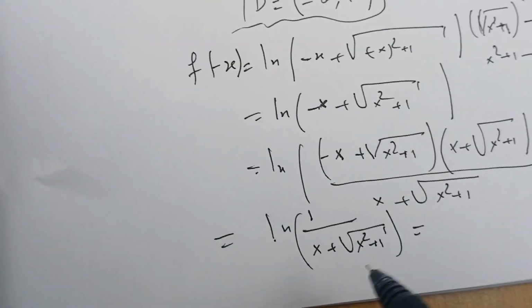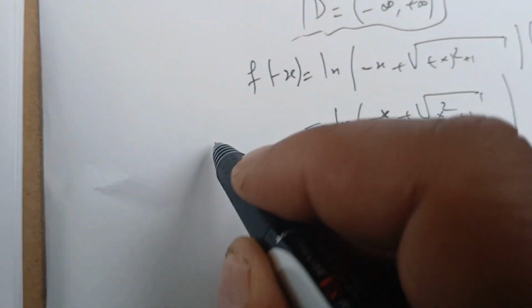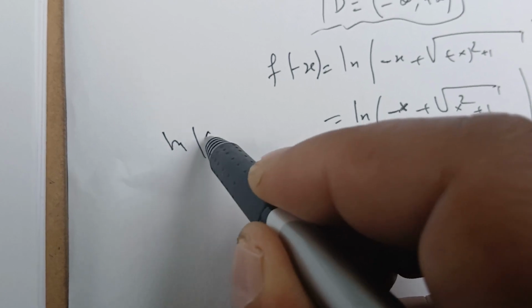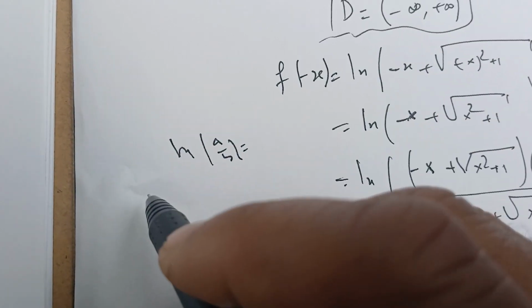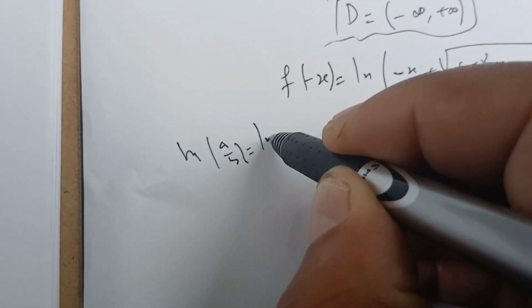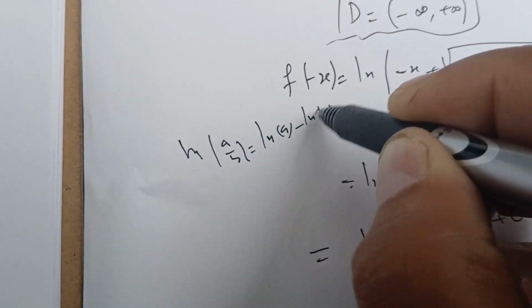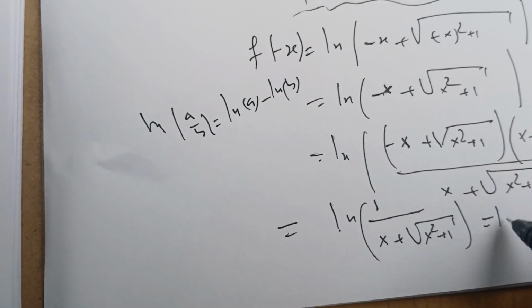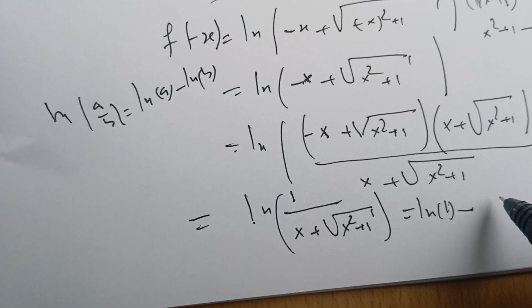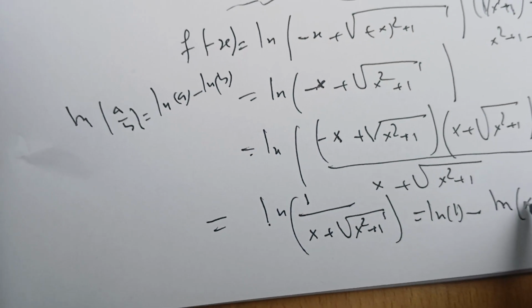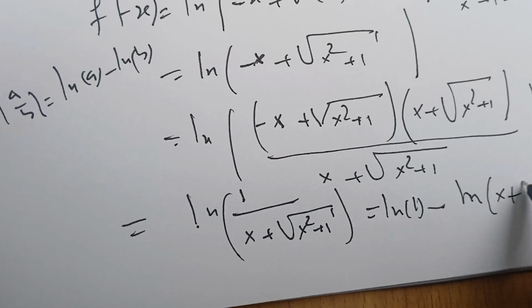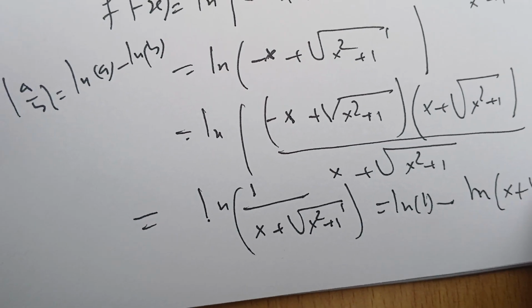Okay? And now using the fact that the natural log of a over b is ln of a minus ln of b. So this gives us ln of 1 minus ln of x plus the square root of x squared plus 1.